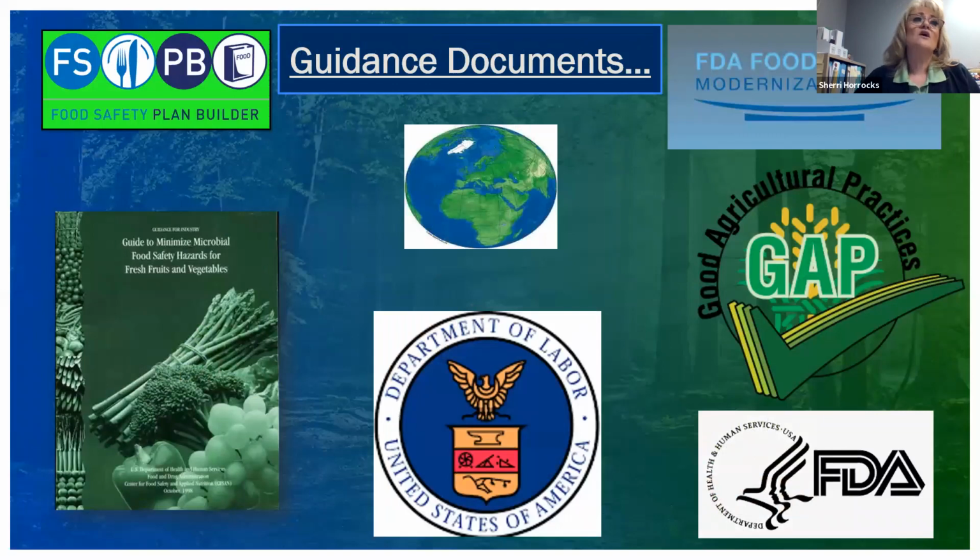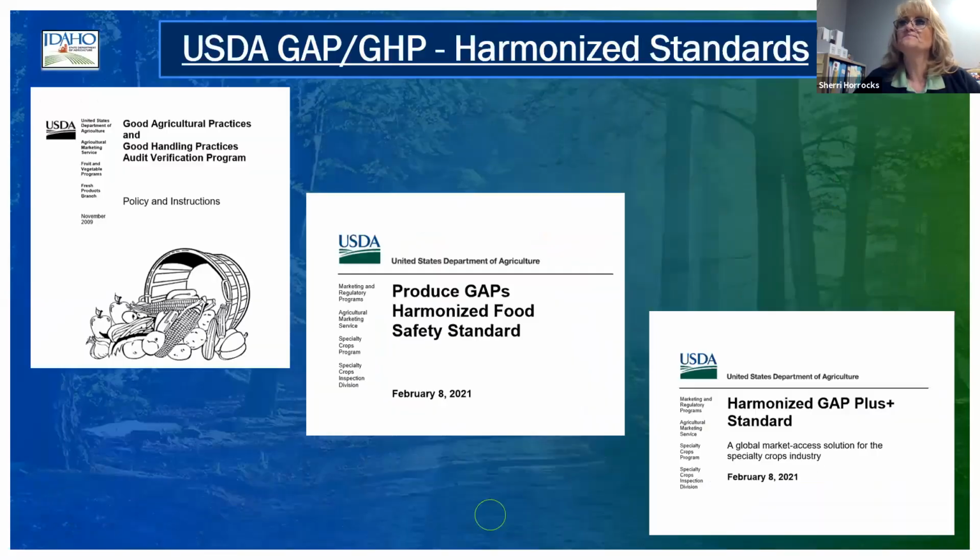We go off of guidance documents such as OSHA, FDA, GAP, FSMA, and the FDA's Guide to Minimize Microbial Food Safety Hazards for Fresh Fruits and Vegetables. Next slide. These are the harmonized standards and the USDA GAP standards that we go by. So these are the guidelines that are used for the audits performed.